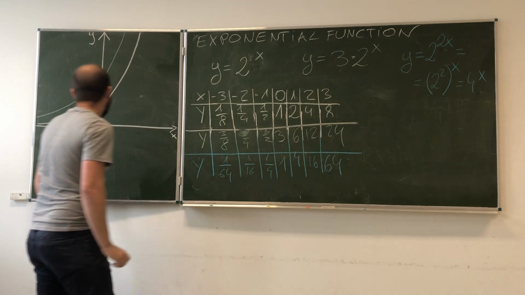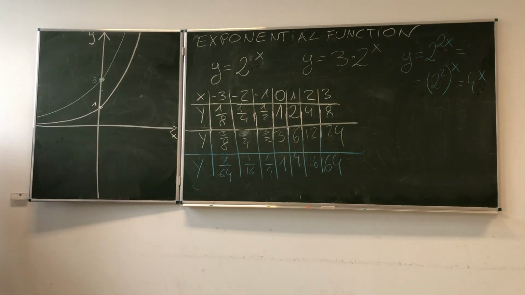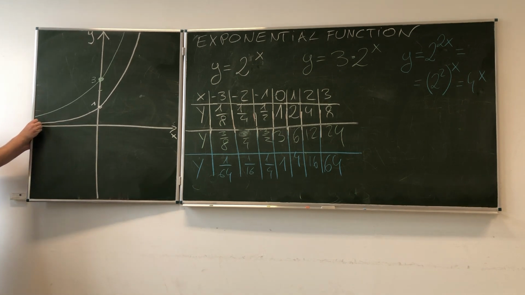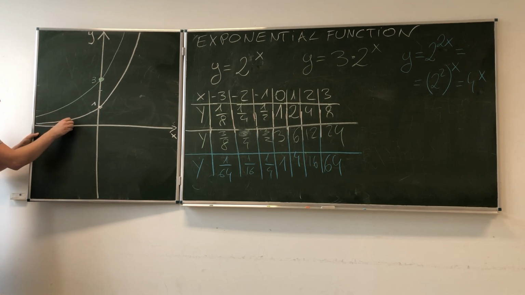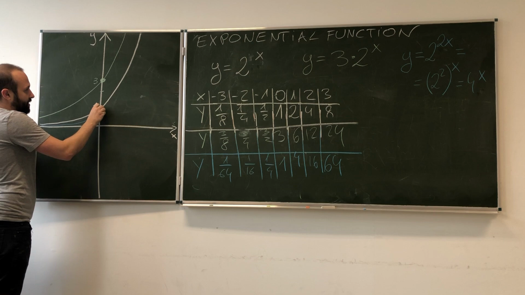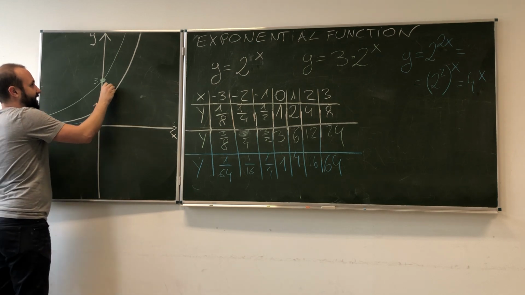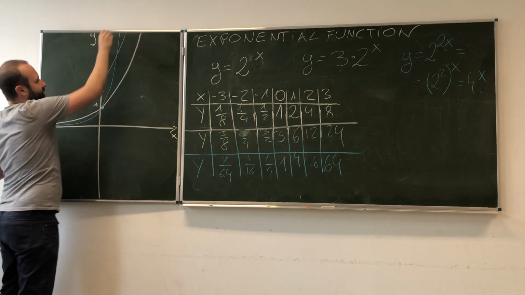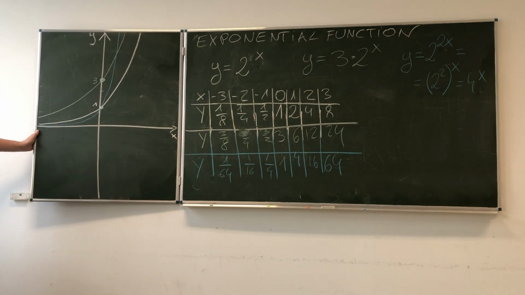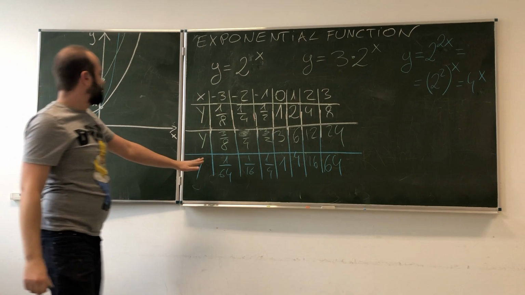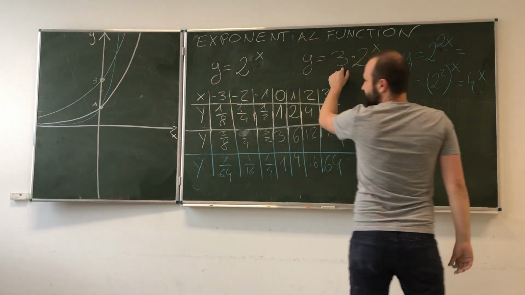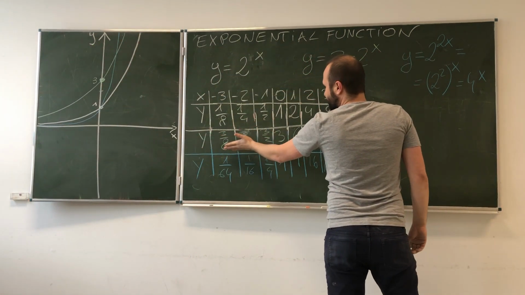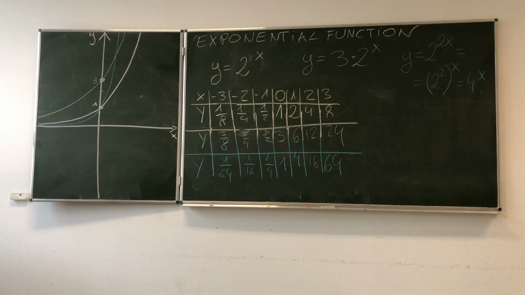So how should I draw this function right now? As you see here, it starts from lower values, but now the function increases faster and faster and faster. And look, the important thing to notice here is that at the beginning, when I imposed this 3 here, this function got steeper.